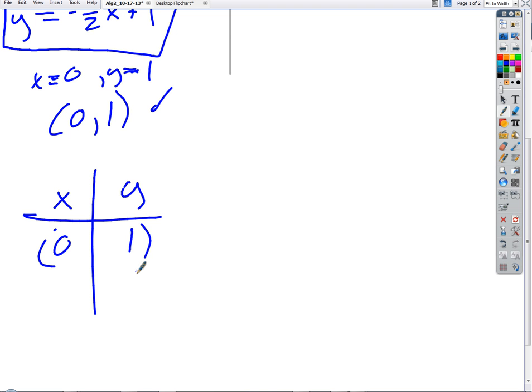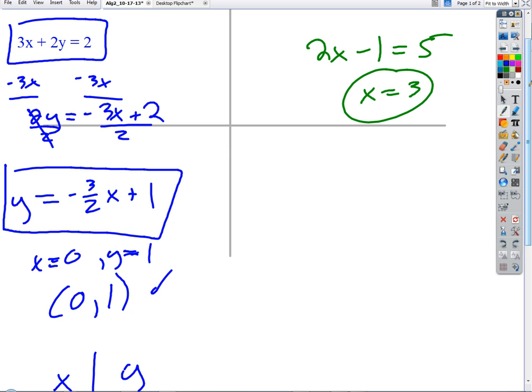For every value of x that I choose, I'm going to plug that into the original equation and just solve for y, right? And for each different value of x, I'm going to get back a different value of y in order to pair. Now, if we think about this in terms of a graph, it's important what happens here. If I graph this point 0, 1, I know that's a solution, right?